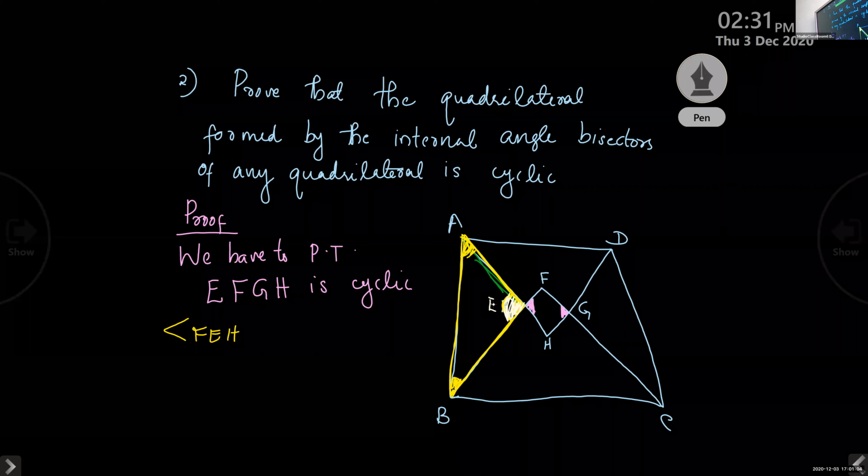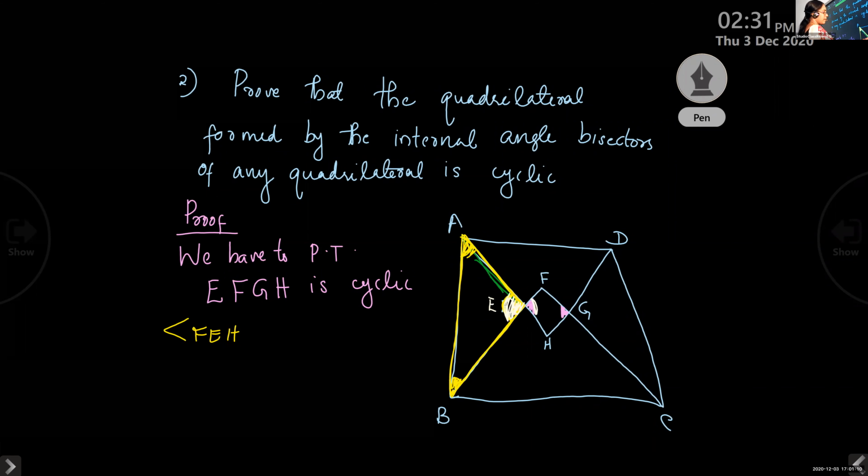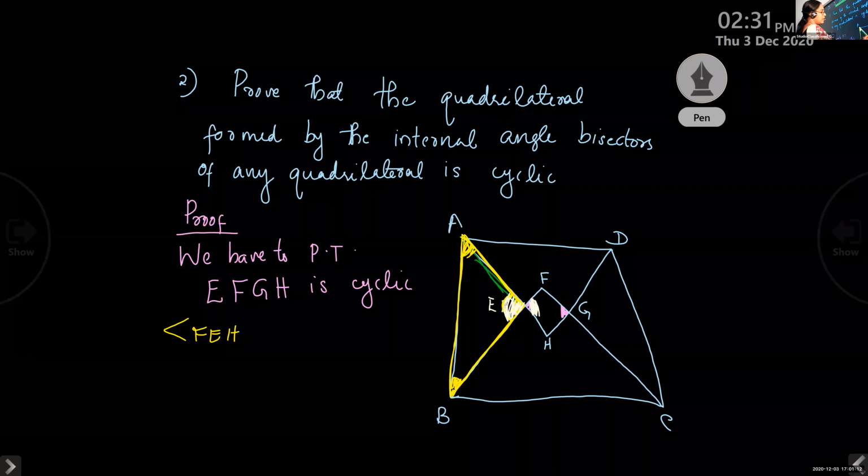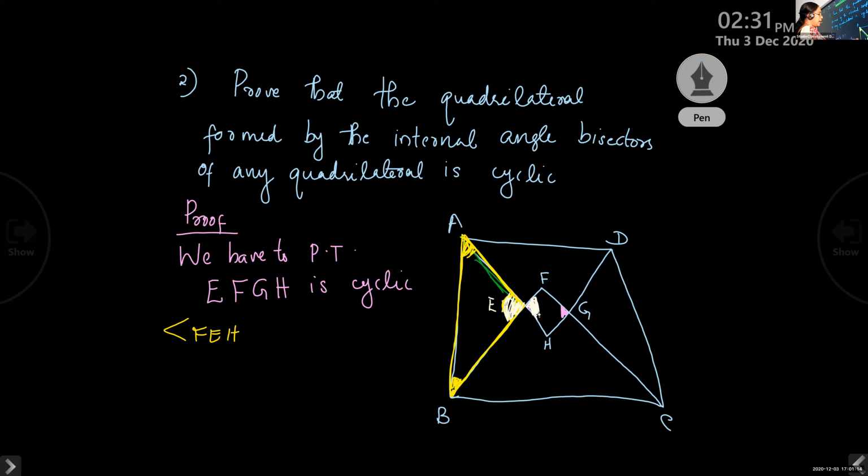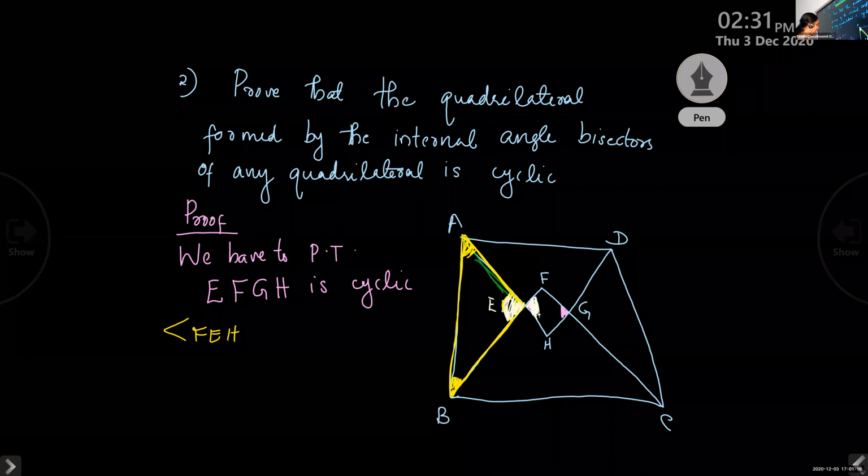So what we are going to do is, instead of finding FEH, we are finding angle AEB. We know that both the angles are equal, isn't it?